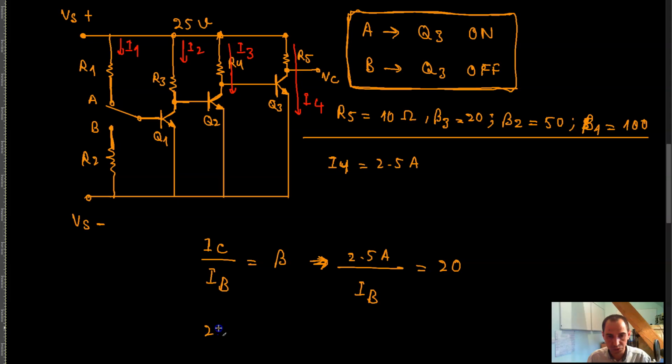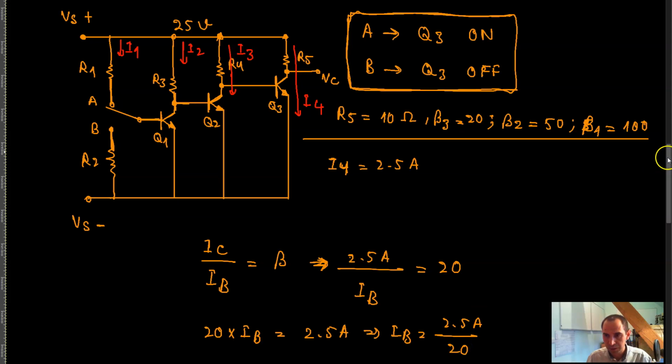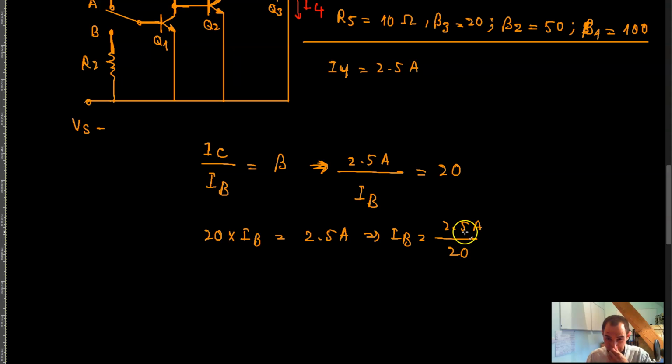Which means that 20 times I of B is the same thing as 2.5 amps, which means that I of B is equal to 2.5 amps divided by 20. 2.5 divided by 20 is the same thing as 0.125 amps, right?